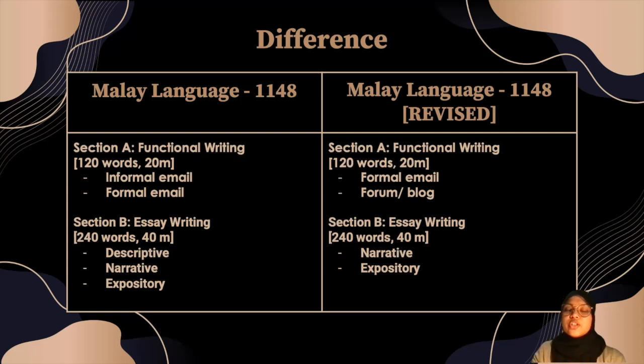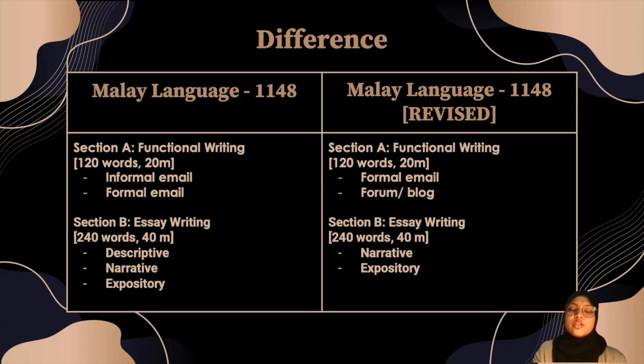For every section A, for every functional writing section, students have the choice to write either informal writing or formal writing. For the old syllabus, the choices are informal email or formal email. However, for the new syllabus, it's formal email and forum or blog, the forum or blog being the informal writing. So they replace the informal email with a forum or blog.